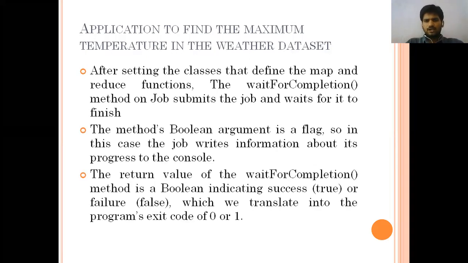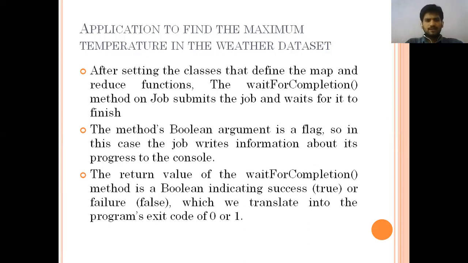The method's Boolean argument is a flag. In this case, the job writes information about its progress to the console. What is the meaning of console? It means it is always checking and writing to the output screen. Console is nothing but the black screen where we see the output.